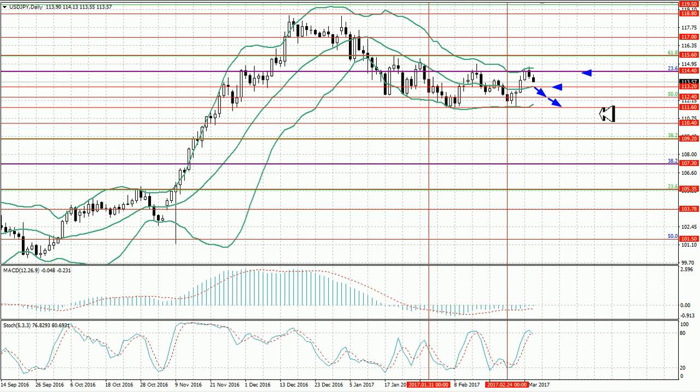In case of the reversal at the level of 113.20, the growth to the levels of 114.40 and 115.60 is possible.